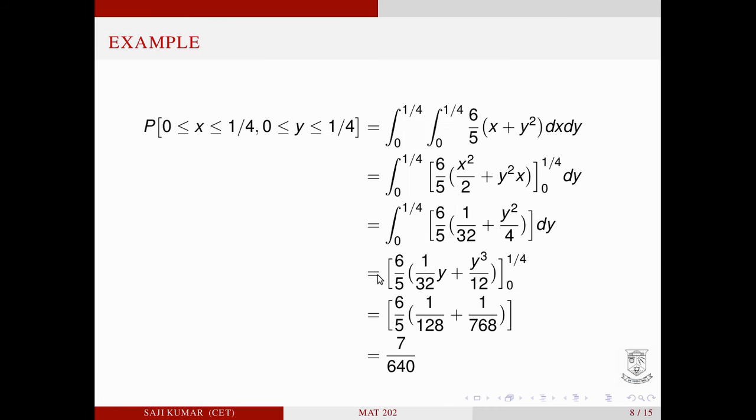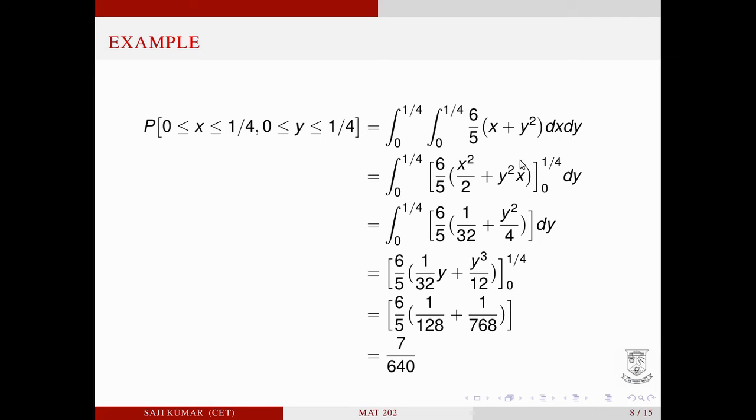Now, for obtaining the probability P of 0 less than or equal to x less than or equal to 1 by 4, 0 less than or equal to y less than or equal to 1 by 4, we integrate over the subdomain A. That is the integral 0 to 1 by 4, 0 to 1 by 4, of the function 6 by 5 into (x plus y square) dx dy. Here we integrate first with respect to x, then with respect to y.